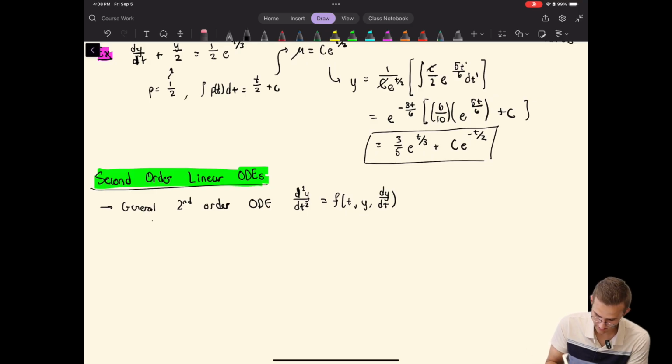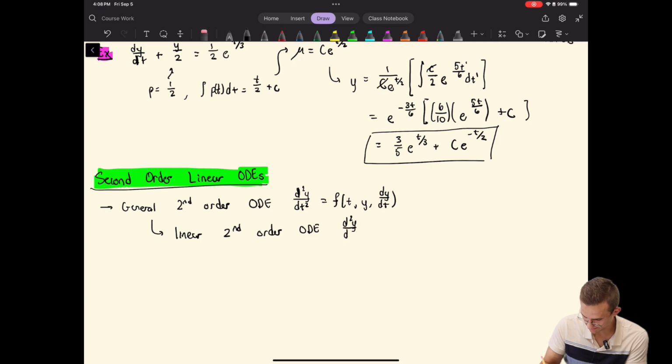The linear second order ODE can be written as the second derivative of y with respect to time is equal to g of t minus p of t dy dt minus q of t y.